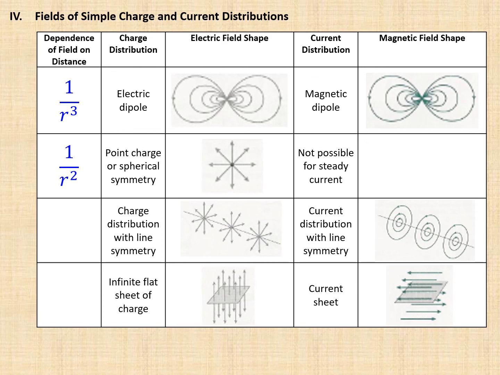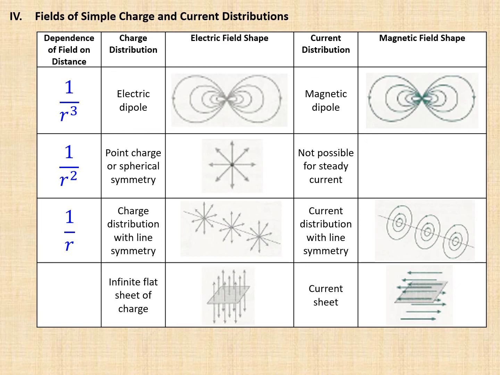It is not possible for any kind of steady state current to give you a 1/r² dependence. And recall that we said while there's such a thing as an individual point charge, there is no such thing as a magnetic monopole.